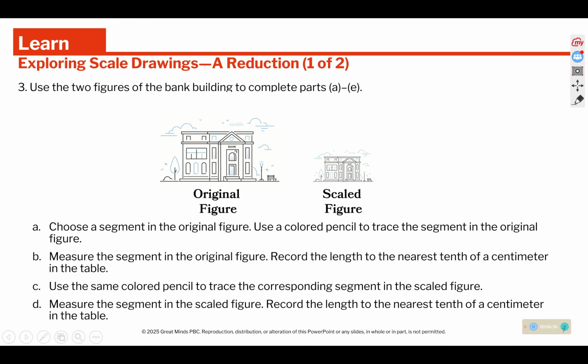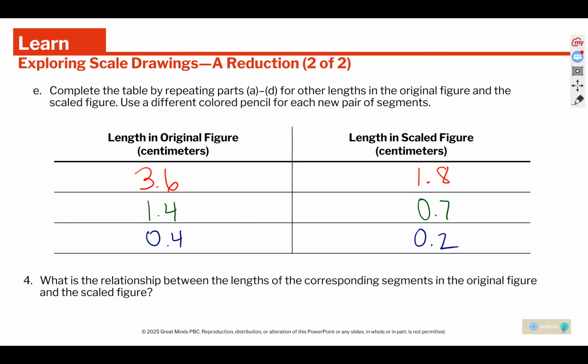We're going to do the same type of thing with these pictures, choosing the segment, measuring the original and the scale figure, and writing them in the table. I've chosen the roof, the height of the door, and the height of the bench. After measuring, I have 3.6 centimeters and 1.8 from the scaled version, 1.4 in the original and 0.7 in the scaled version, 0.4 and 0.2 in the scaled version.